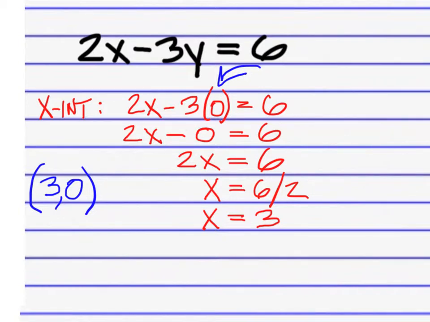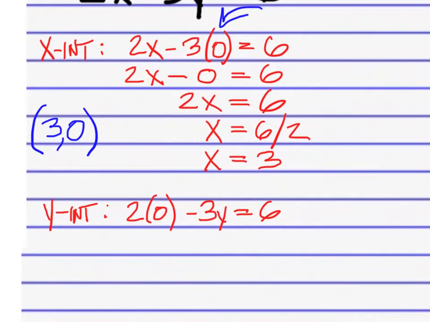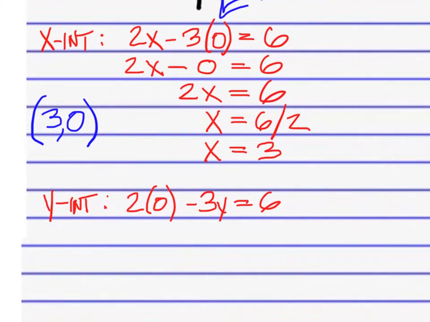If you want to find the y-intercept, then you're going to do the opposite. To find the y-intercept, you put a 0 in for x. So 2 times 0 is 0, and 0 minus 3y is still just going to be negative 3y.